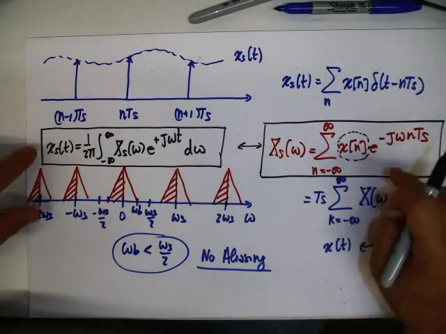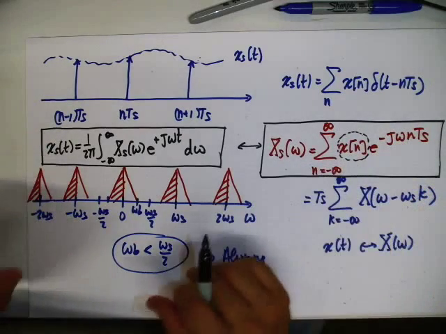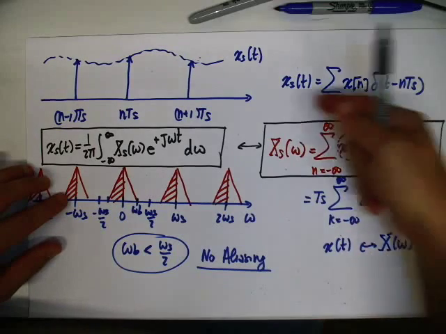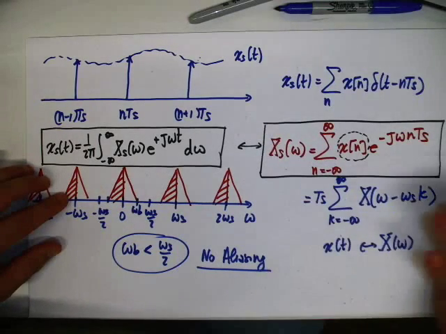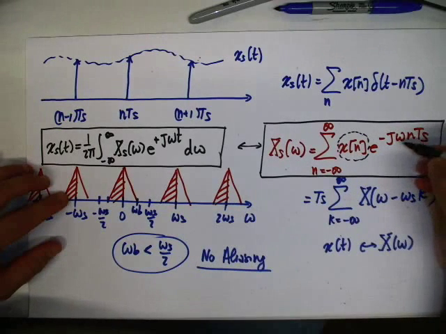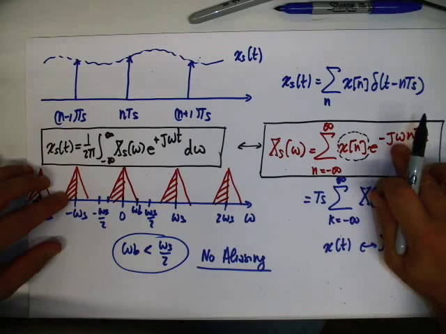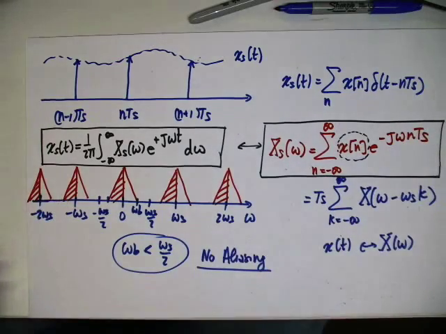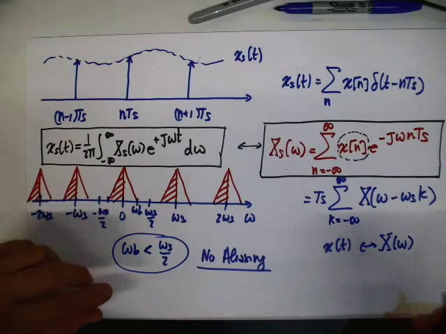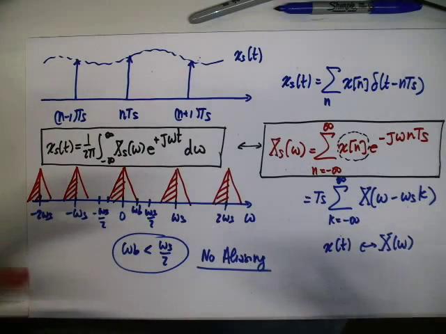This is a one-to-one correspondence between these two functions. So we already have seen that we can interpret this as the discrete-time Fourier transform of this signal. Once we match, we define omega times Ts as omega hat.